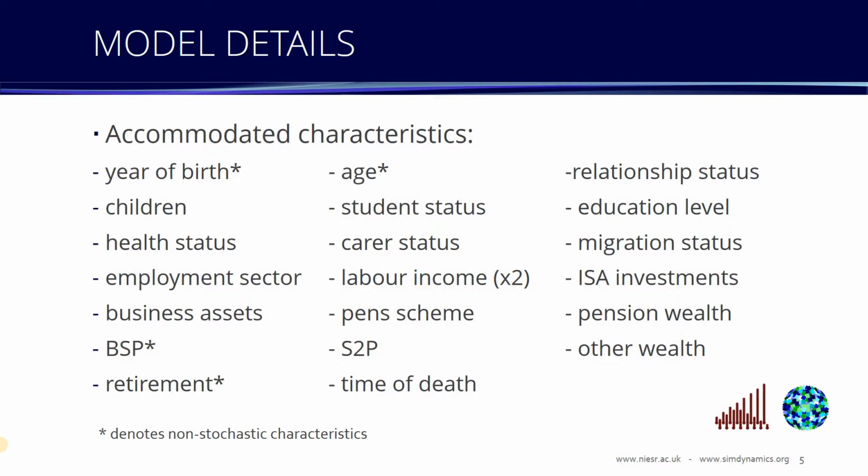Education and education status, student status and education level, health status and the timing of mortality, employment and employment income, investment and investment income. And the vast majority of these characteristics can also all be simulated in a way that is designed to capture the uncertainty associated with their intertemporal development.